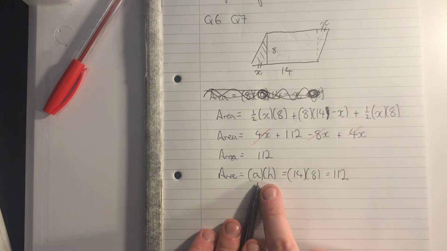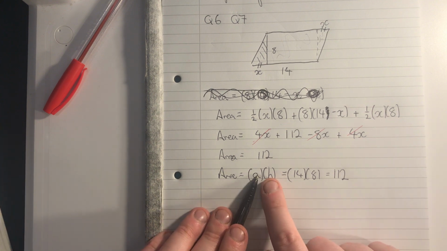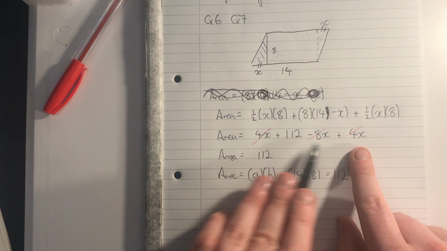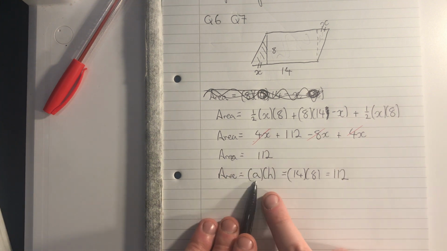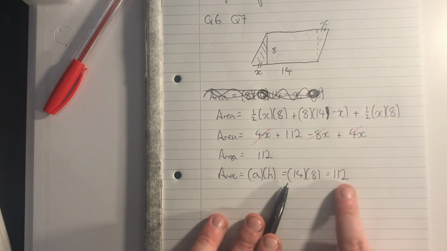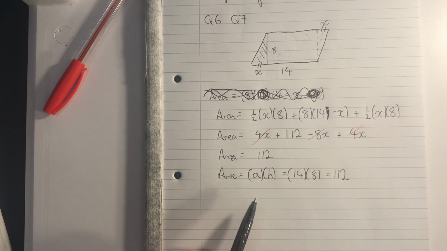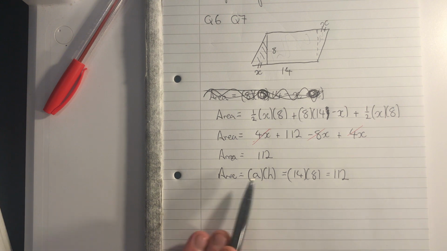Because this formula is in our maths tables, because the people who invented the formula spotted that these things will always kill each other off. So there's no need to remember this formula because it's given to you in the maths tables, but if you're asked to find the area of a parallelogram, you simply multiply the base by the perpendicular height.